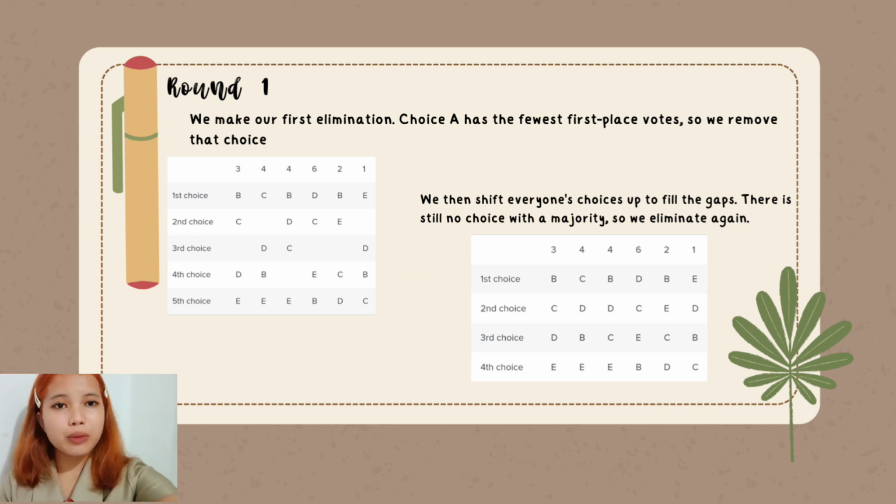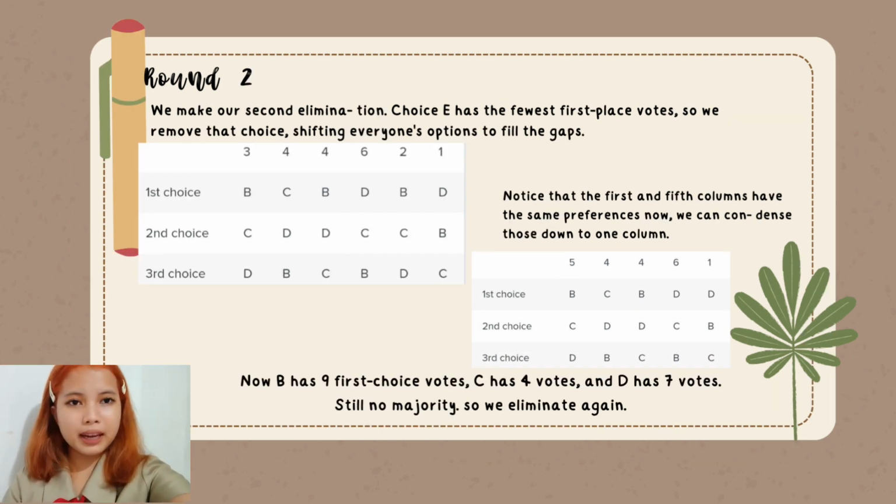Round 1, so we will make our first elimination. We will choose A because it has the fewest first place votes. So we can now remove that choice. We then shift everyone's choices up to fill the gaps. There is still no choice with a majority, so we will eliminate again. In round 2, we will make our second elimination. We will choose A because it has the fewest first place votes.